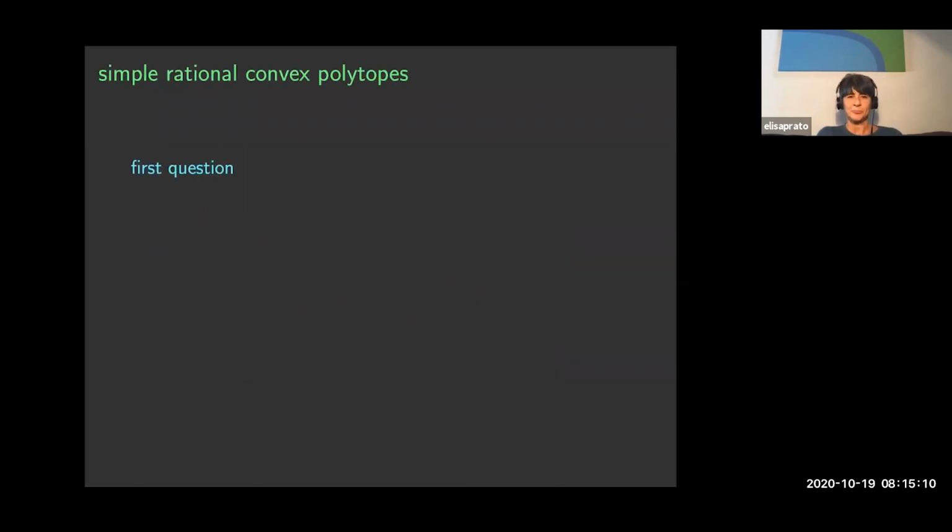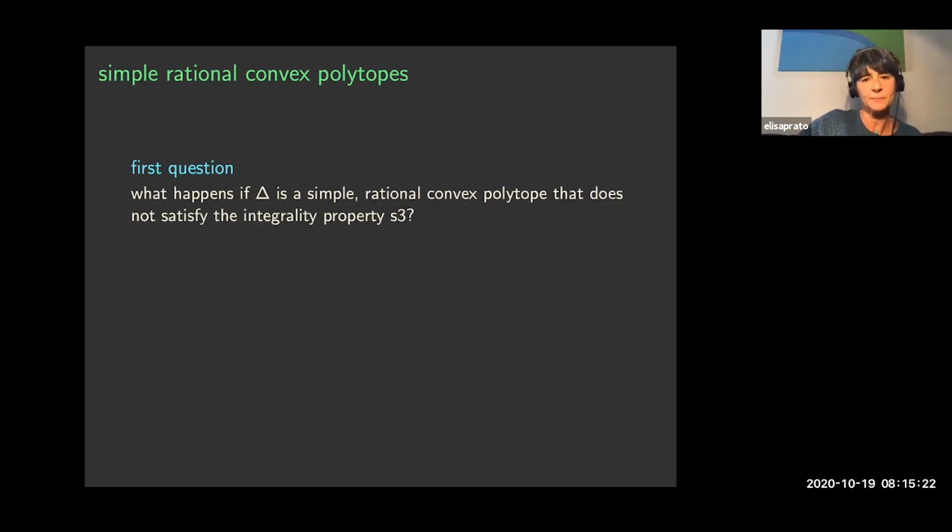So this is a brief overview of Delzant's theorem. There are several natural questions that arise. The first question that arises is what happens if the polytope does not satisfy the third property, the integrality property.